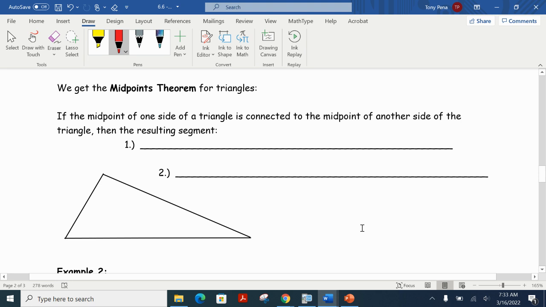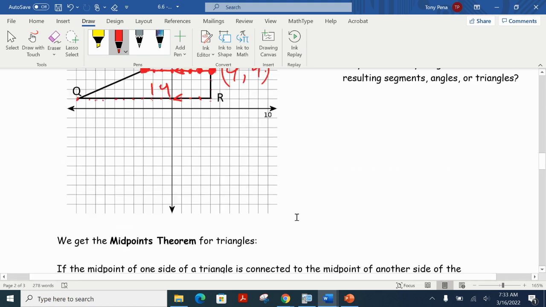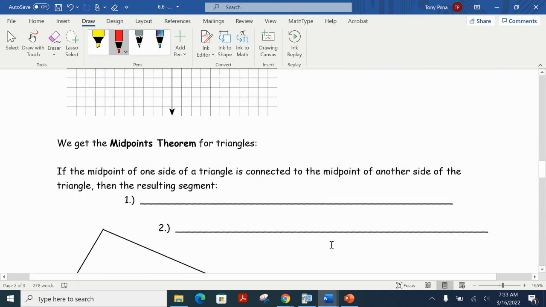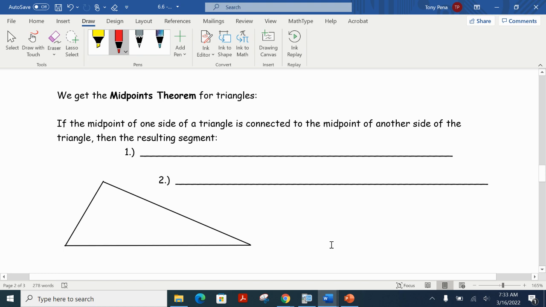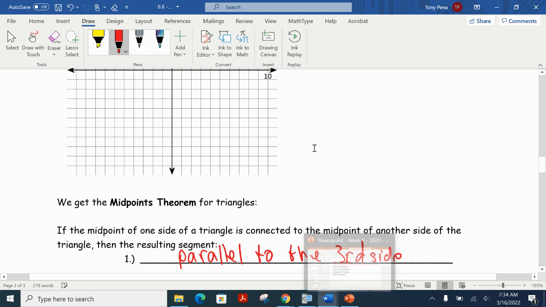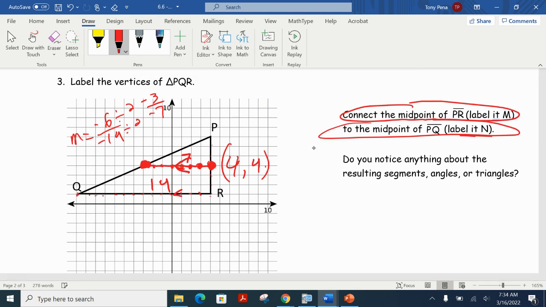All right, so then that gives us this little theorem real quick. We get the midpoint theorem for triangles: if the midpoint of one side of a triangle is connected to the midpoint of another side of the triangle, so that's what we just did here, we took the midpoint of this side, connected it to the midpoint of that side, then the resulting segment is parallel to the third side. All right, so we can mark that with these little arrows that I have drawn in.